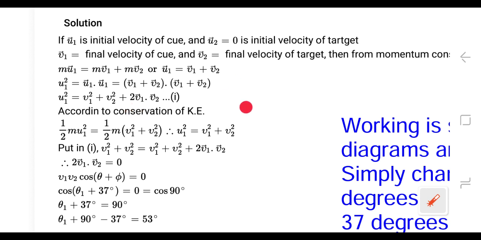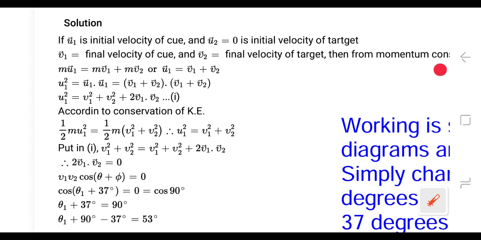Now, according to conservation of kinetic energy, we know that half m u1 squared is equals to half m (v1 plus v2) squared, which means the kinetic energy before should be equal to the kinetic energy after. So we have two equations.